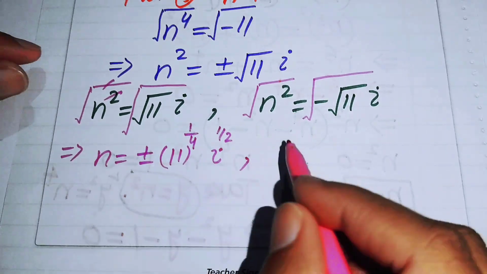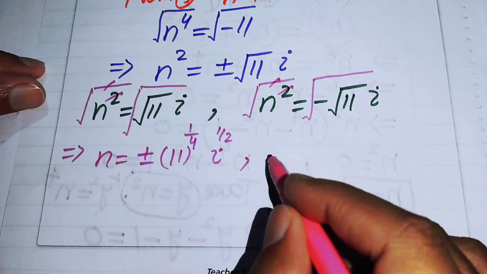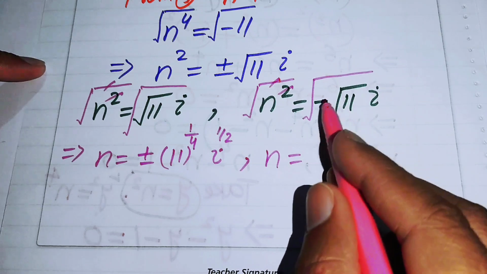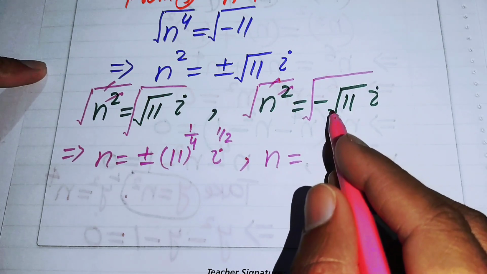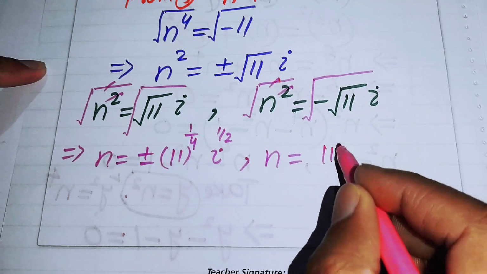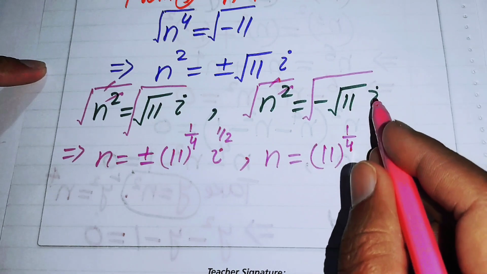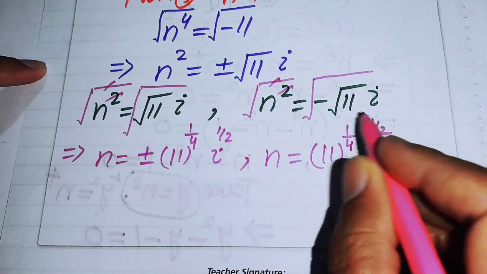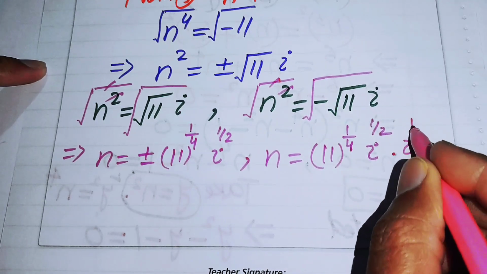And now in this equation you will cancel the square and square root, and you will get here n equals, and this is the iota sign, and you will write this expression as 11 and its whole power 1 over 4, and here you have iota and its whole power 1 over 2, and this is the minus 1 square root, so you get 1 iota here.